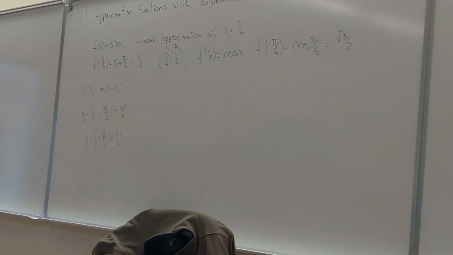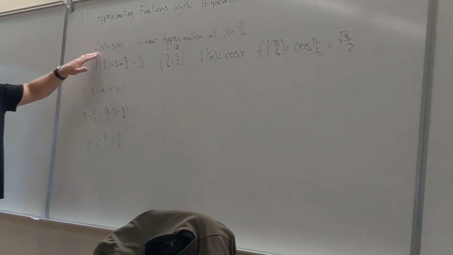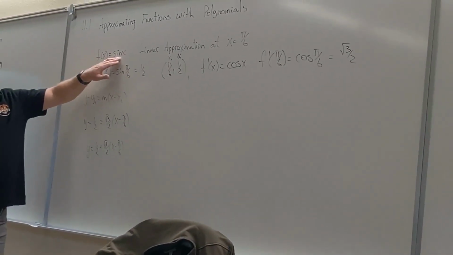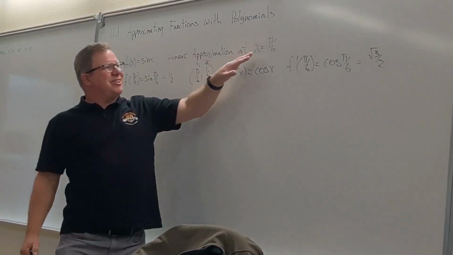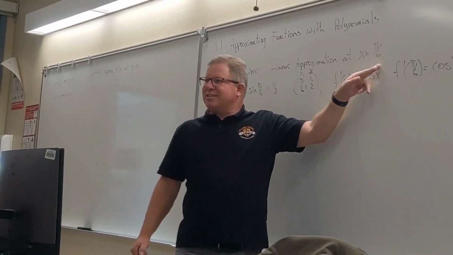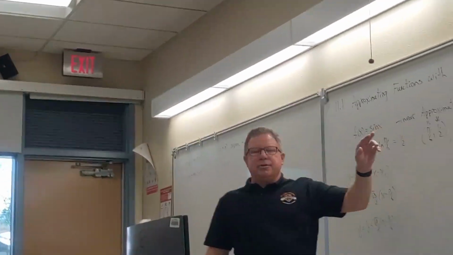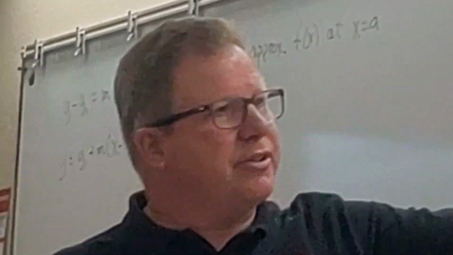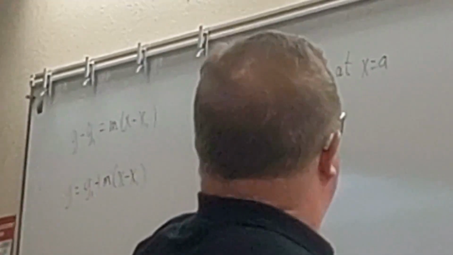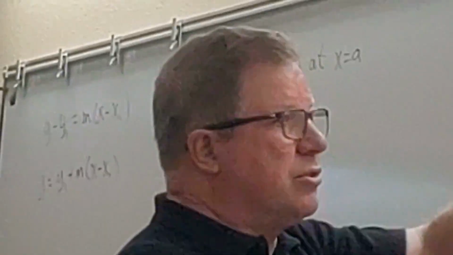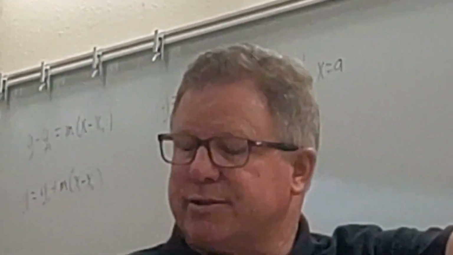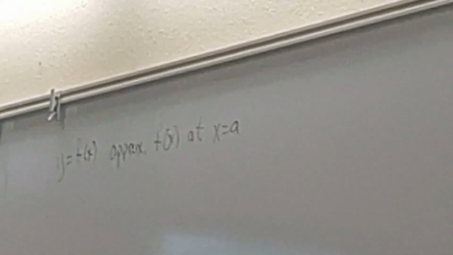So over here, we had f of x equals sine x, and we wanted to approximate sine x at x equals pi over 6. So here, f of x is sine x, a is pi over 6.